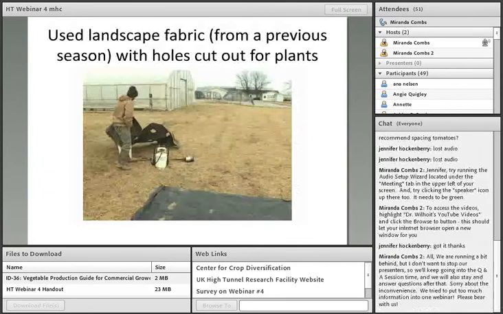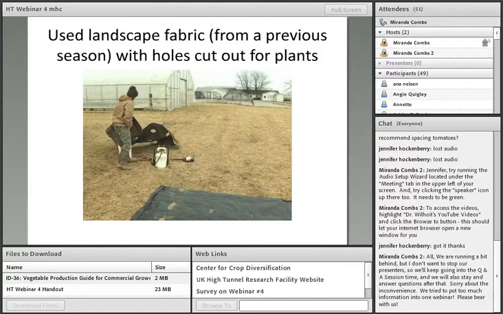Here you can see Aaron with an old piece of landscape fabric, old as in from a previous season, and you can see the holes that have been cut through it, the planting holes. Obviously, if you're reusing landscape fabric, you've got to put planting holes in there, and you'd want to keep track of the plants, the hole spacing, and grow a similar crop that'll use a similar hole spacing from the season before.